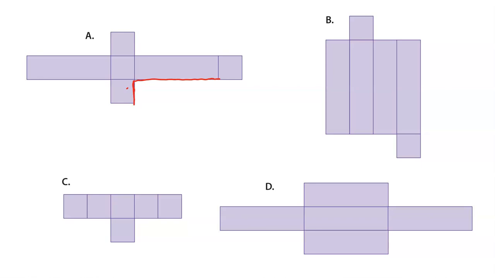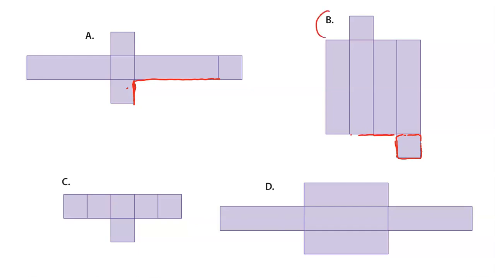They've got to be the same, because otherwise the lid or the base of the cuboid won't be able to cover the whole thing. Looking at option B, we have got these 4 rectangles, so you can imagine folding them, you'd form a cuboid, and these 2 flaps on the side, they've got the same length as the width of the bigger rectangles.